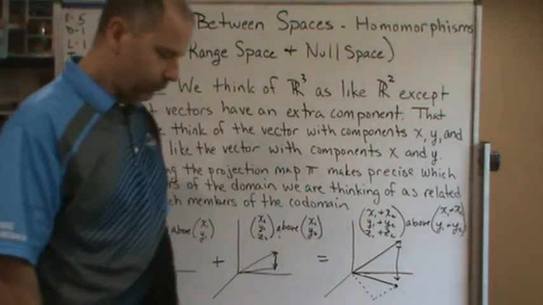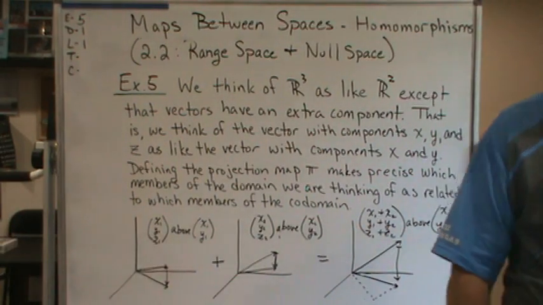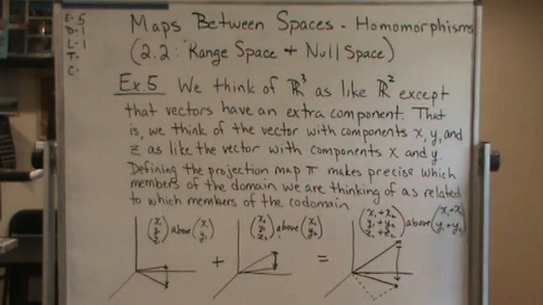Now, we look at some of these things as we go forward. One of the things that we want to understand is how the preservation conditions in the definition of homomorphism show that the domain elements are like the codomain elements.